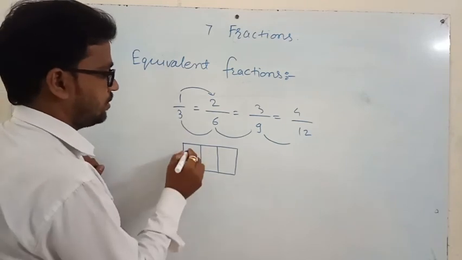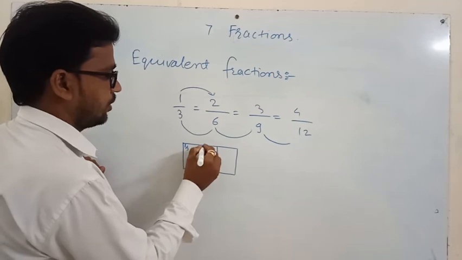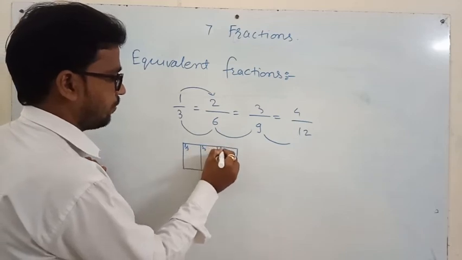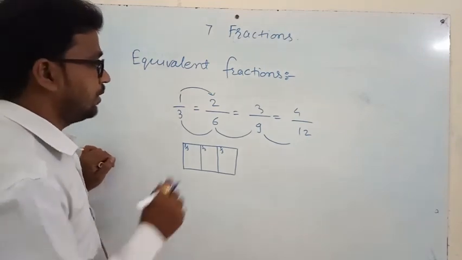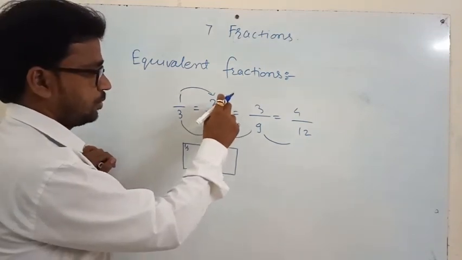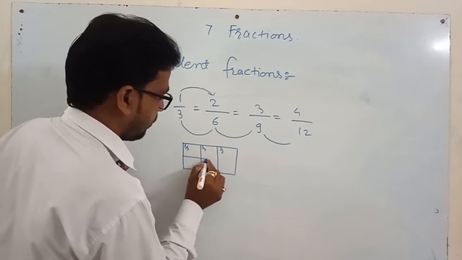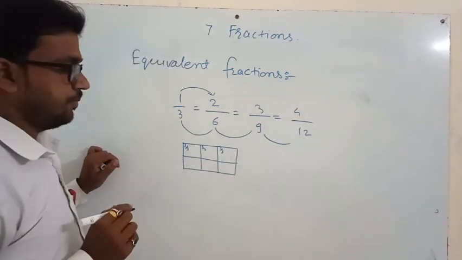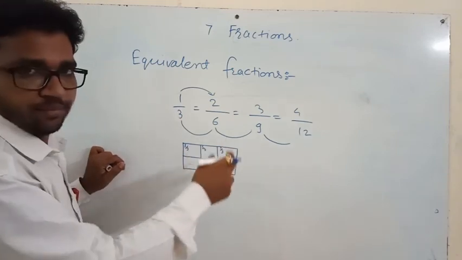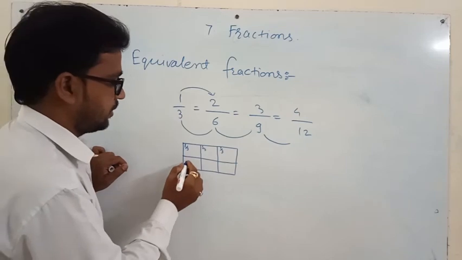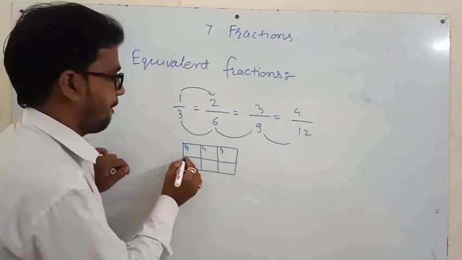From these 3 equal parts, suppose it is 1/3 part, it is also 1/3 and it is also 1/3. Same parts are there. Now 2 by 6: now 6 parts are there, right? 6 parts, and it is 1 by 3, 1 by 3, 1 by 3.